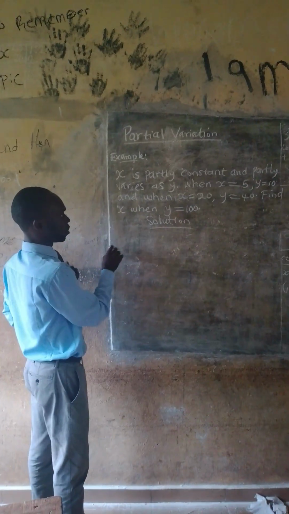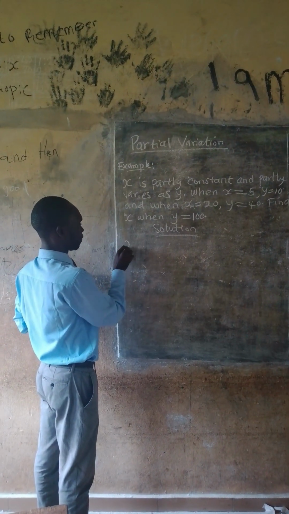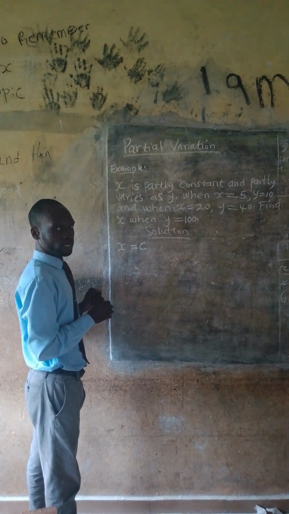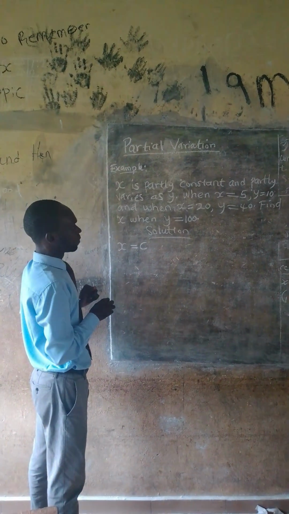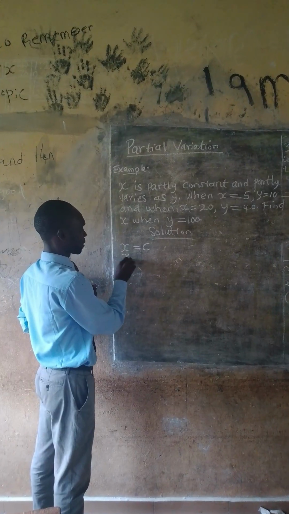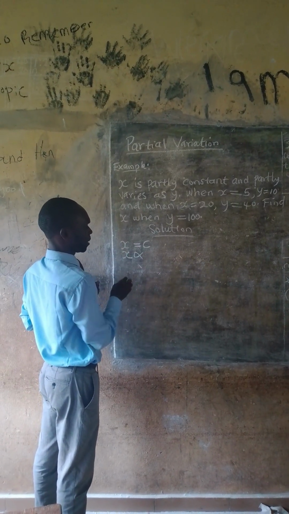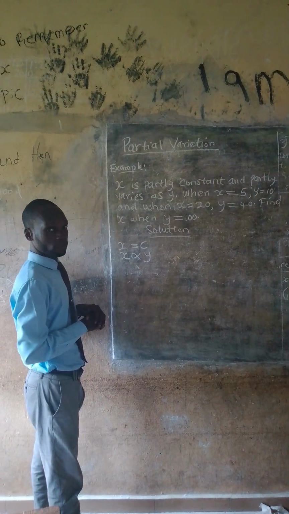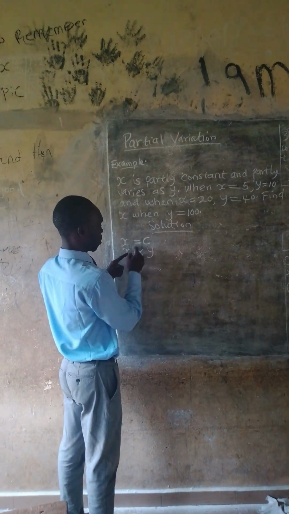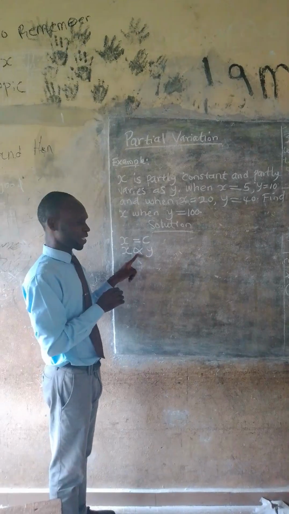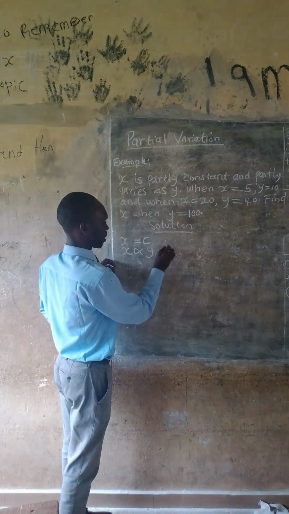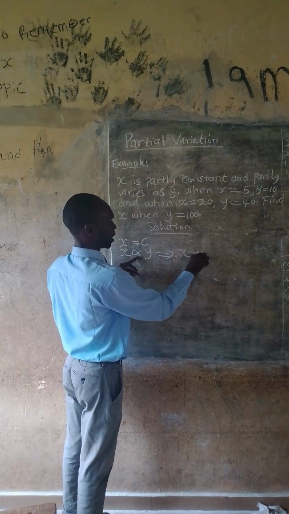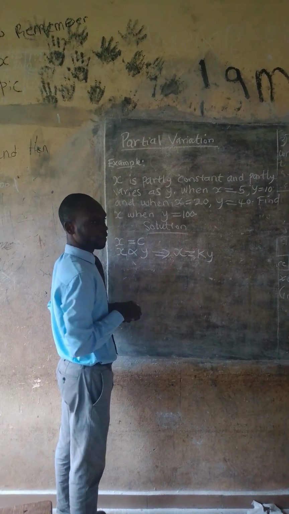First, you need to know that x is partly constant. That is, x is constant, and x partly varies as y. So if I want to take out the proportionality sign here, I will now have x equal to k y.